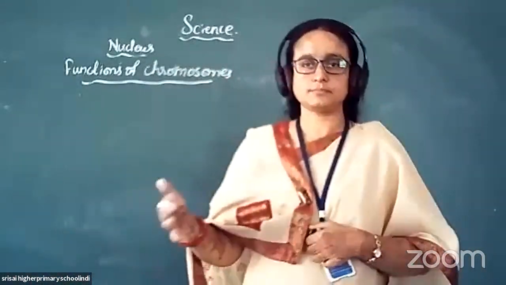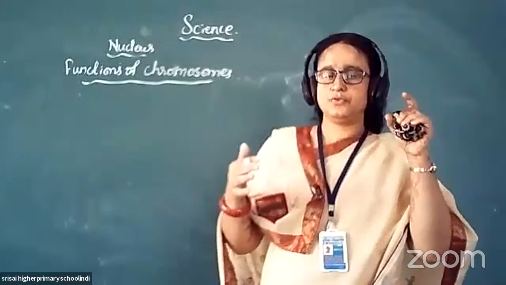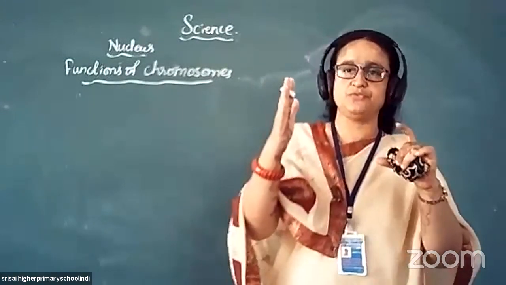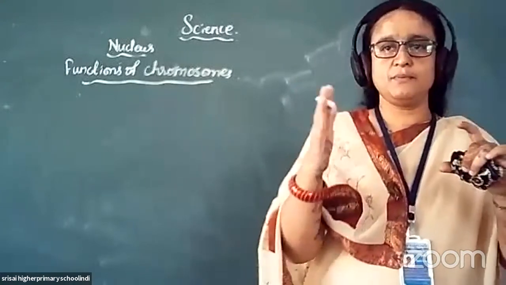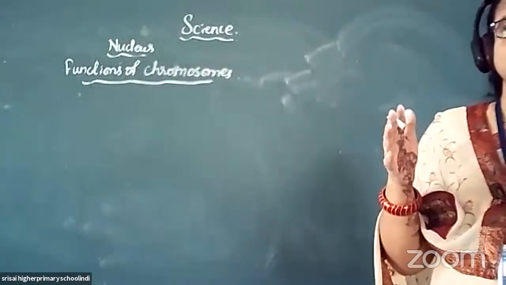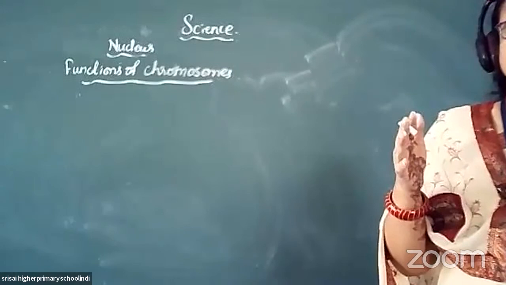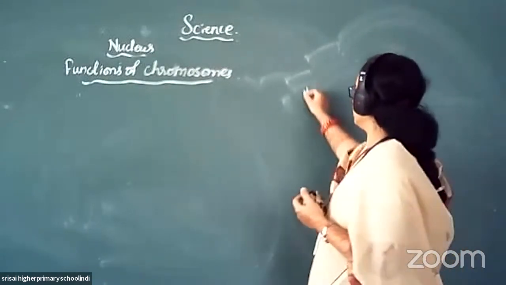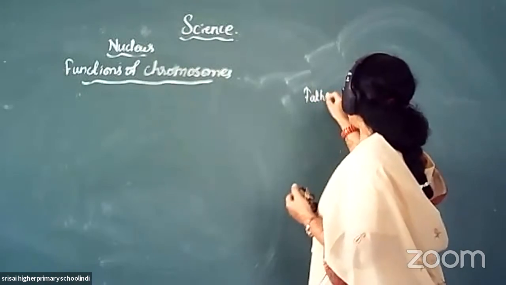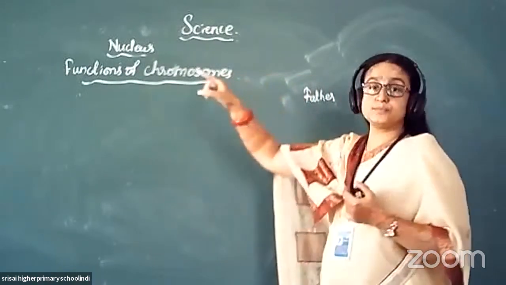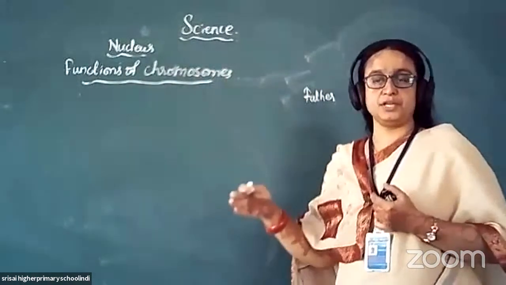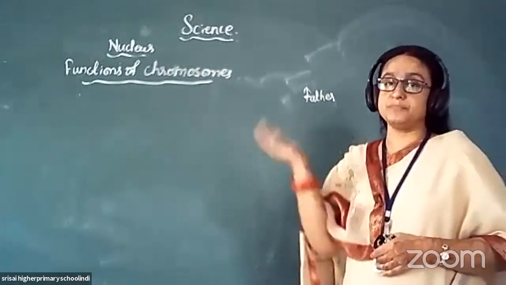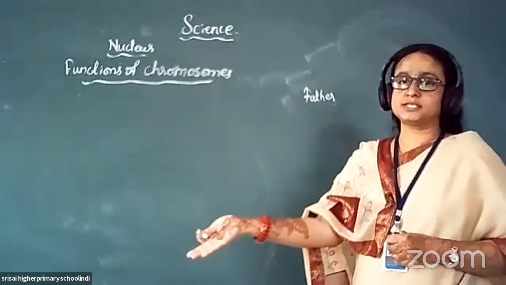For example, we will compare a child with his father. We are going to compare father and son. These chromosomes are transferring the information for the inheritance of the features from the parents to the next offspring.